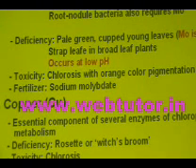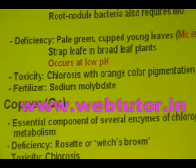Then you come to copper. Copper is an essential component of several enzymes; for many enzymes to work you have copper as a cofactor, including enzymes of chlorophyll synthesis.